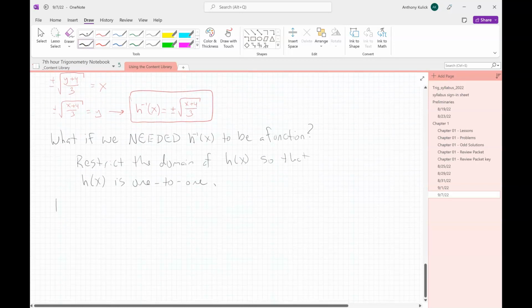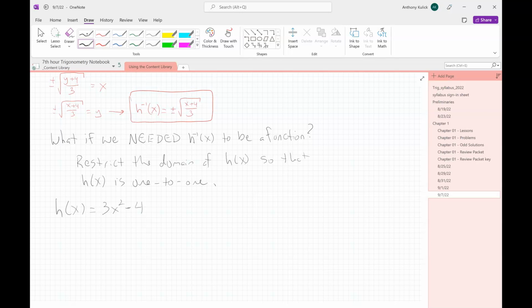So here we can have that same problem, but say that our domain is just from 0 to positive infinity. So what does my graph look like now?